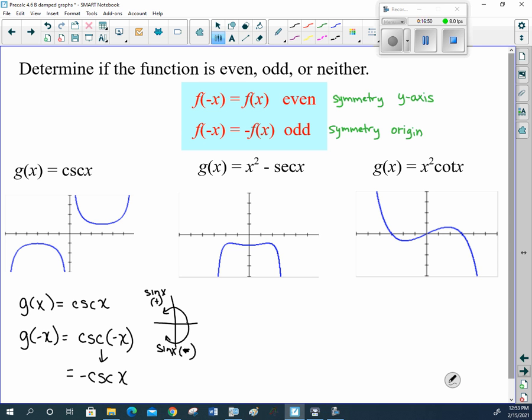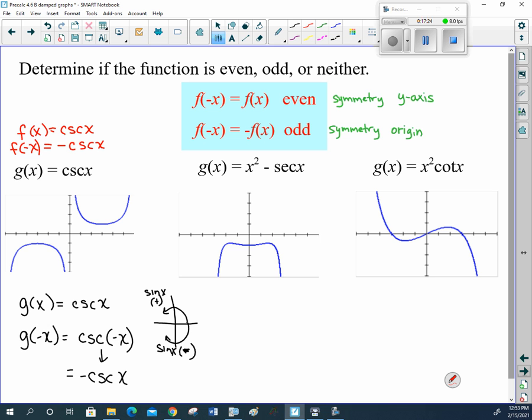Sure. If we come back up here and we look at it, f of x is cosecant x, right? That's what's given. And so if I put that negative sign out in front, now you have exactly the opposite. So when I put a negative x in, I get negative cosecant x. Those are opposite. So algebraically, that's showing that it's odd.